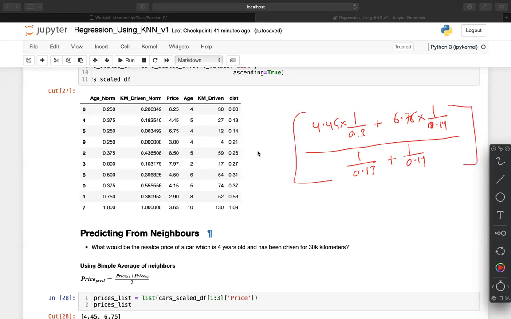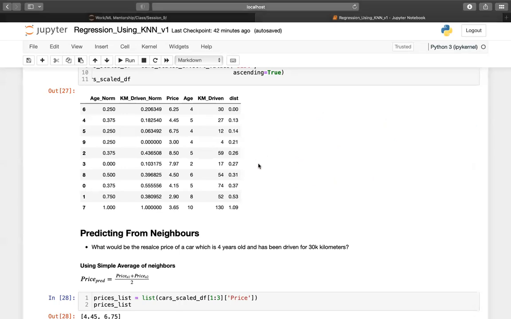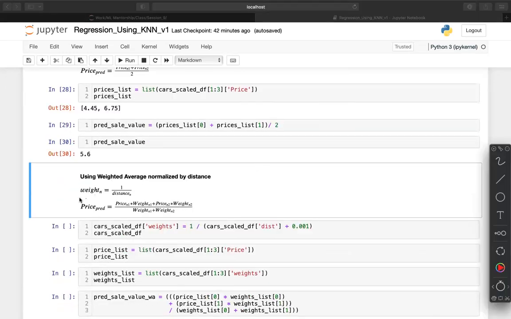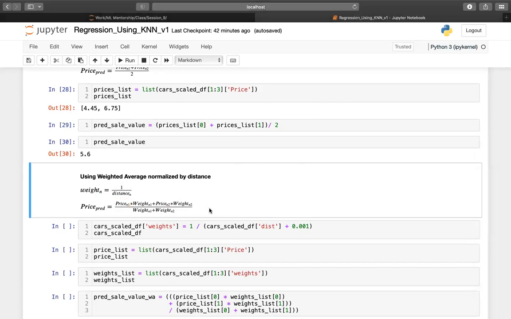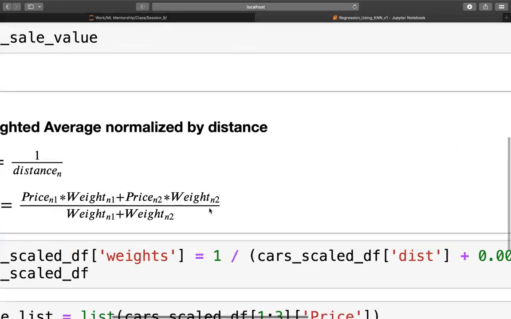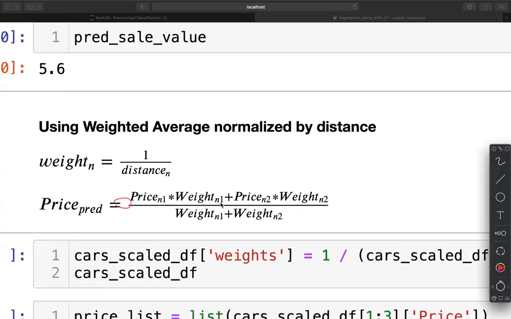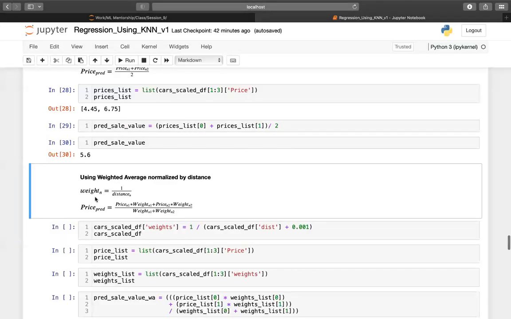So that will be the weighted average calculation of the price. The formula is: first we calculate the distance and weights, then price of neighbor 1 multiplied by weight of neighbor 1, plus price of N2 multiplied by weight of N2, divided by the weight of N1 plus the weight of N2. That will be the predicted price of the new car for which we want to estimate the price.